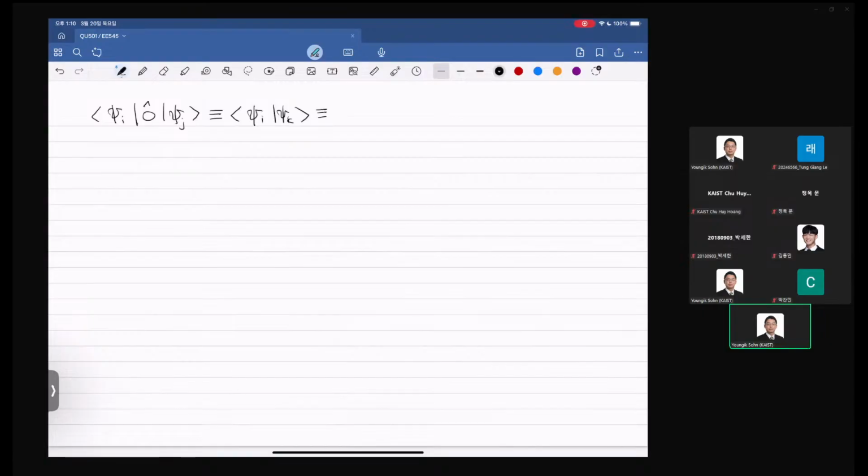and also the inner product of these two. I haven't written important information here: the ket, the quantum state, is given as this one.